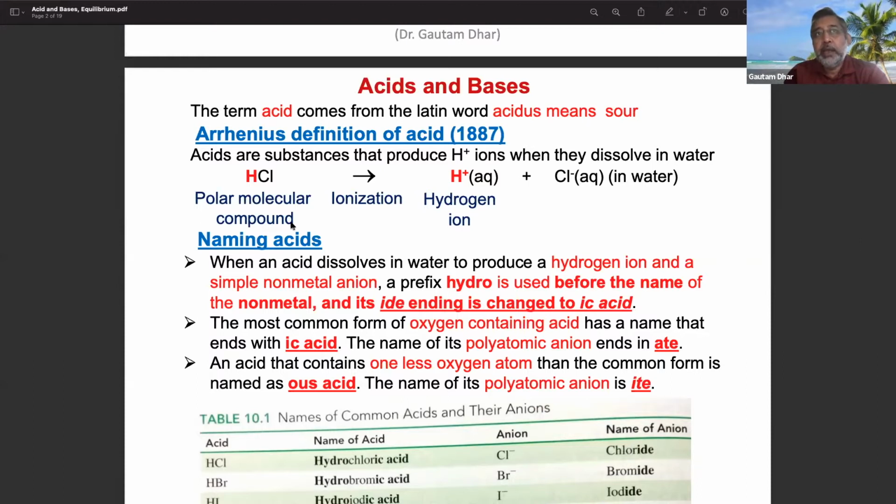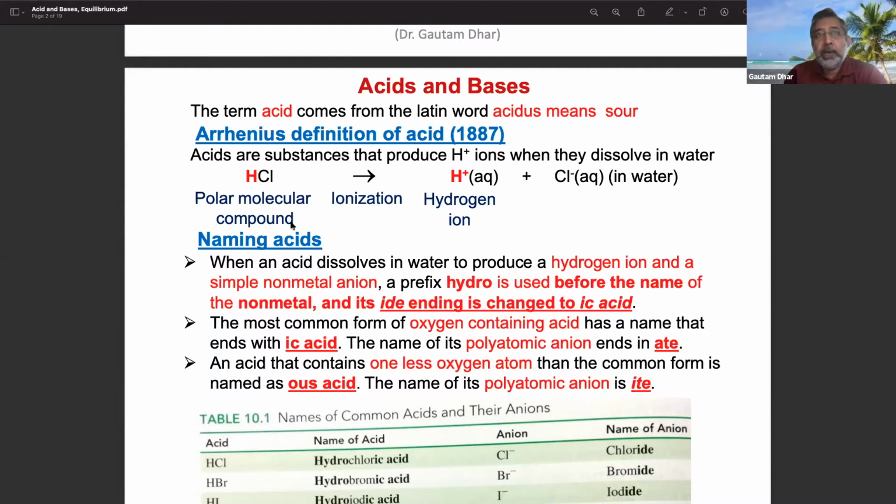Now it remained like that for quite some time. And as you can see, the problem is it is water based, and H+ ion is a proton. If you think of what H+ ion is, it is just a free proton. So whether a free proton can exist in nature was a big question. Okay, but it worked for all purposes.